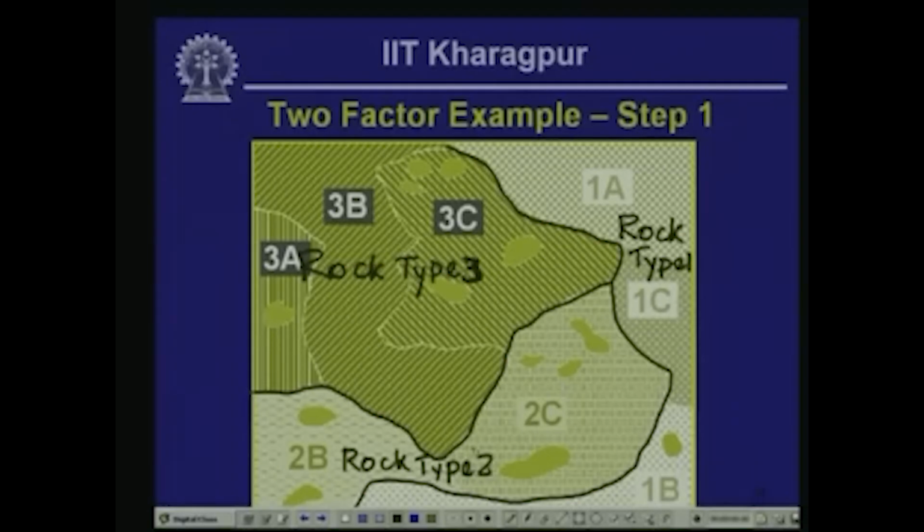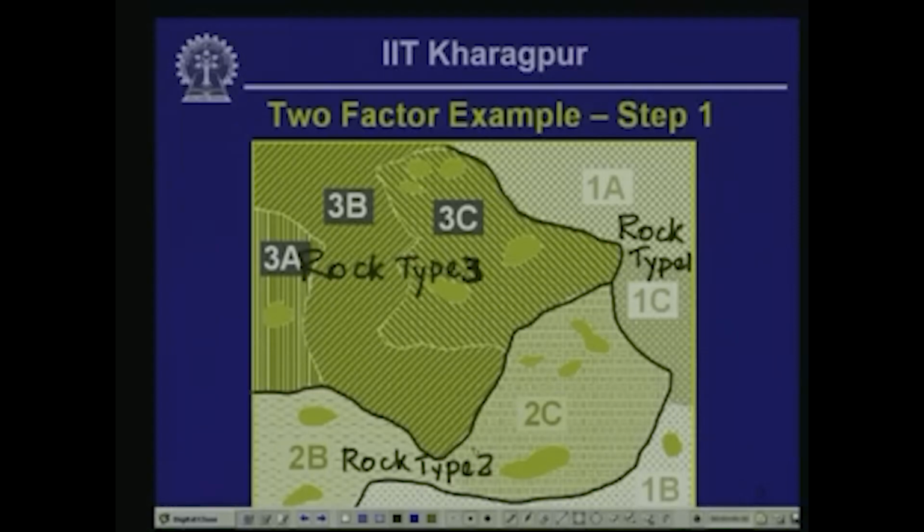Then we classify the areas underlain by these individual rock units by the average relief in a given area. So for example, in this particular case, 3A has the least amount of relief.